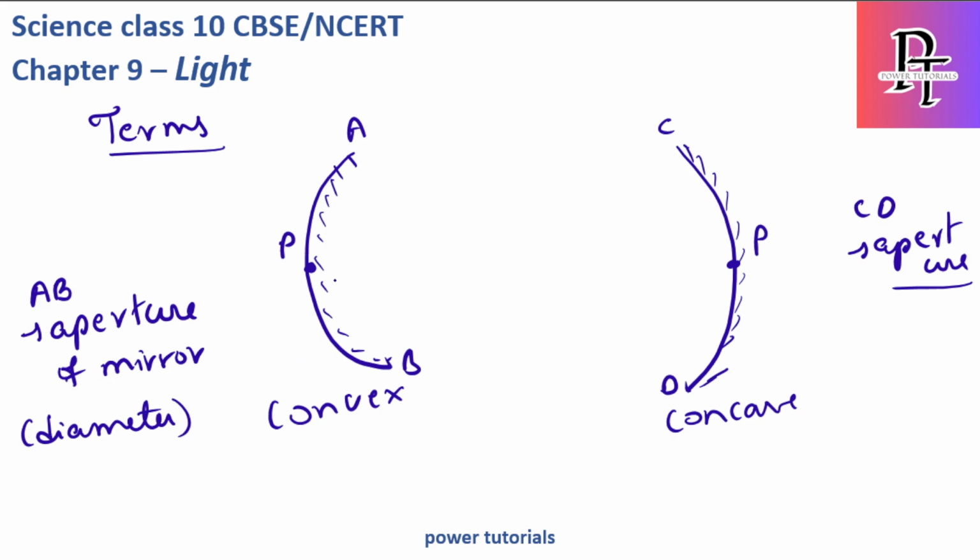Okay, then we have, if I draw an imaginary line like this through the pole, there will be a point where we can assume this forms a sphere and it will have some center. So that C is nothing but the center of curvature.